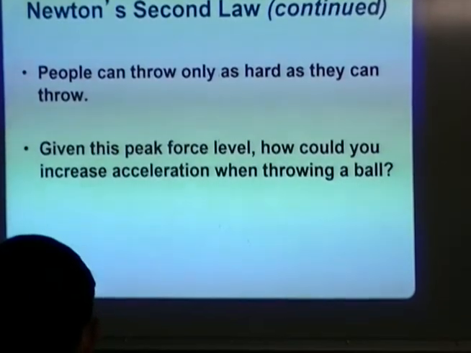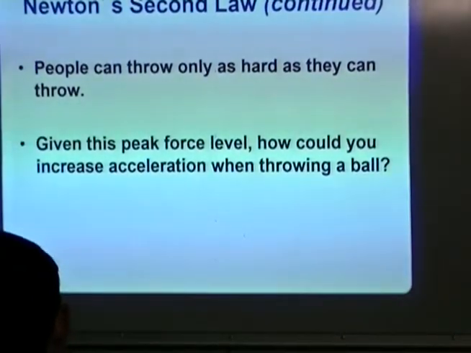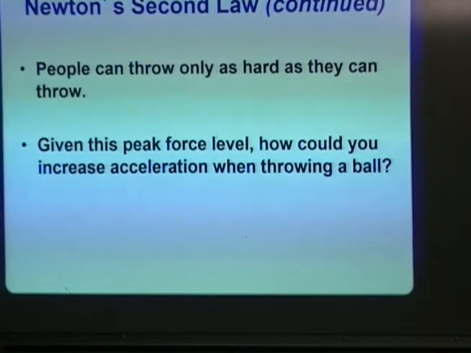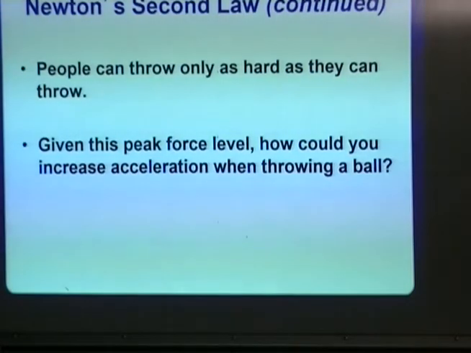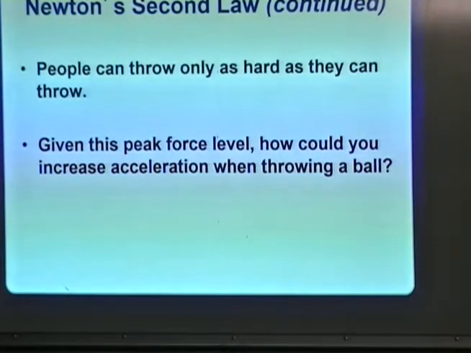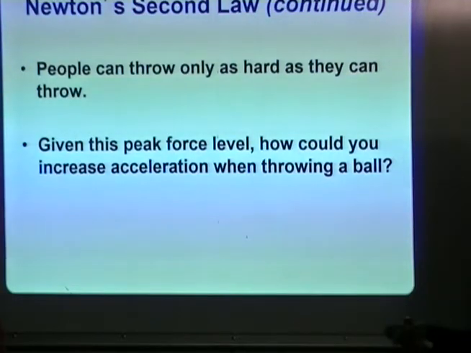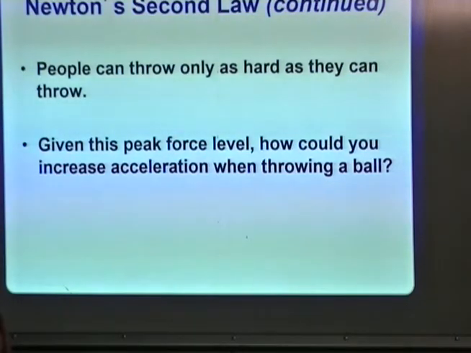So second law, let's think about the second law. If I'm looking at strength as a constraint, on a given day, in a given PE class or a given training session, someone doesn't get stronger. Getting stronger takes time.